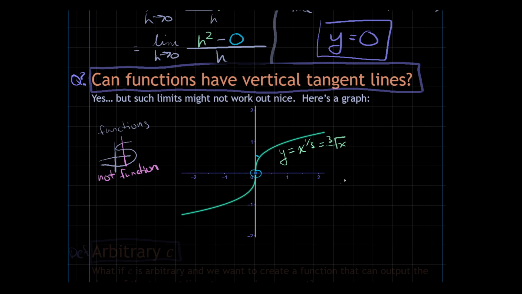The limit there is a little bit messy. Actually, this one's not too terrible, but I'll leave that as an exercise to the reader. I'm sure you could do that if you tried.